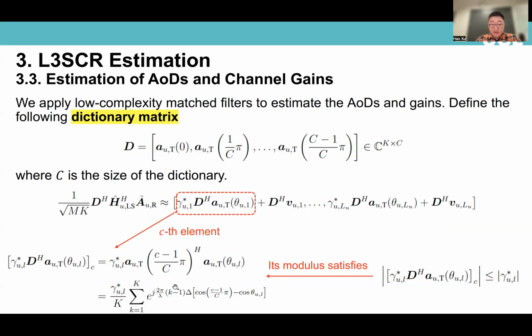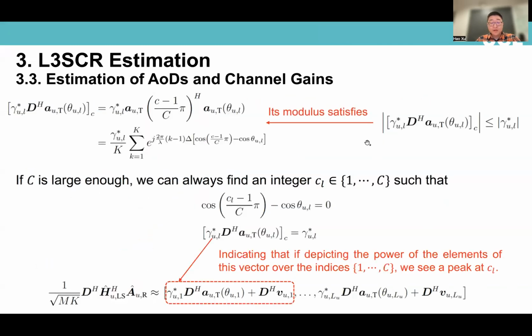And it is easy to see that the modulus of this element satisfies this inequality, which shows that the modulus of this element is no larger than the modulus of gamma UL. If C is large enough, we can always find an integer CL such that the difference of these two cosine terms is 0, and this inequality holds with equality.